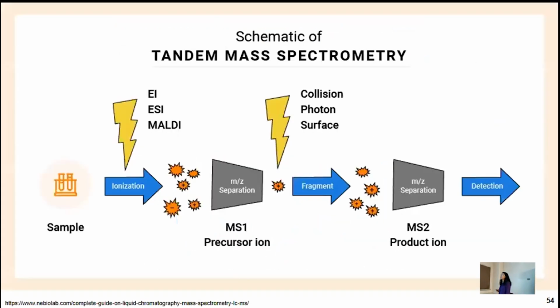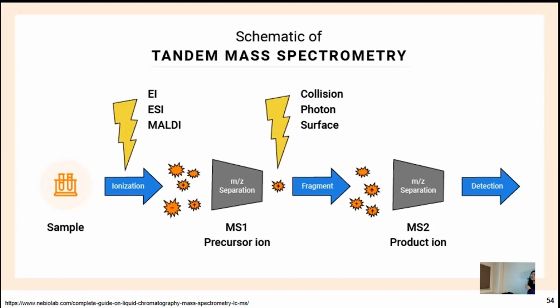Then last, what we did was tandem mass spectrometry. This is a very highly specific and sensitive technique. How this works is we have our samples, we ionize the samples and then generate molecular ions. We have lots of molecular ions which have specific mass by charge ratio. Based on this mass by charge ratio, it is identified.